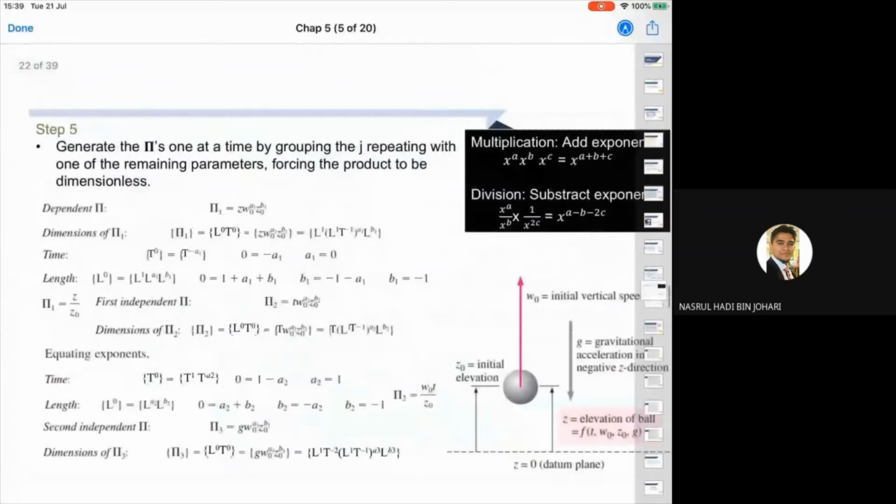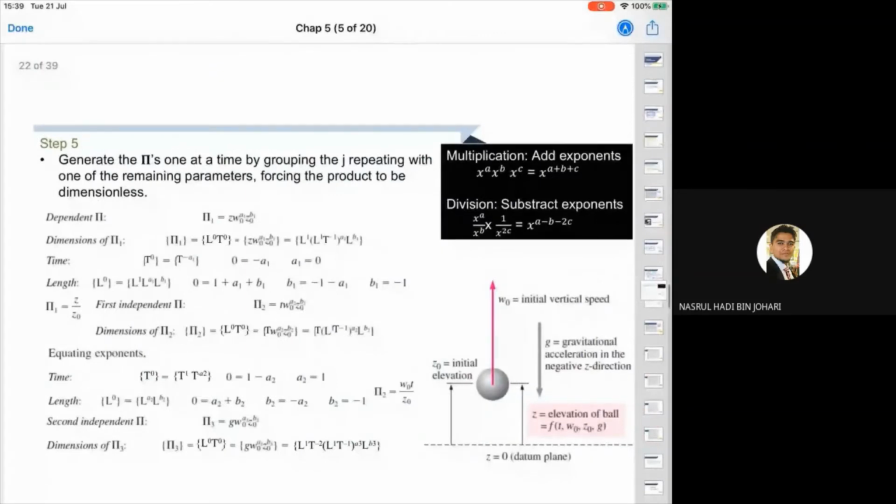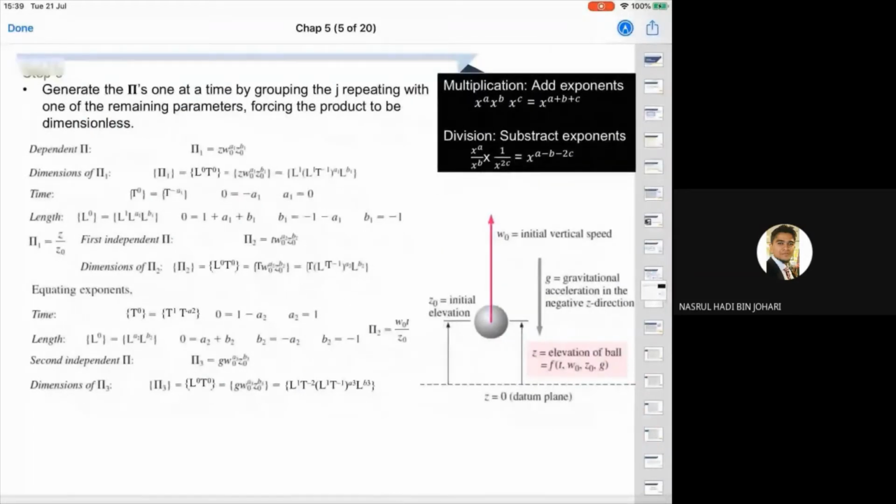Step number 5 ni tuan-tuan, it's not very clear kan, tengok berterabur ni. It's scattered on the page. If you read in the textbook, it's more clearer. It show you step by step and in sequence, but this one is not in sequence.